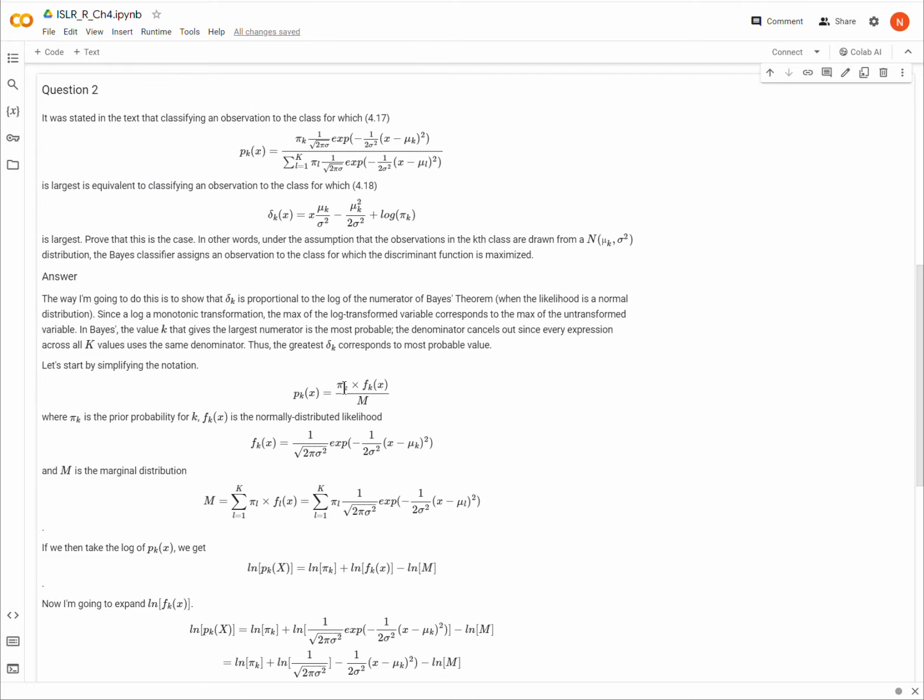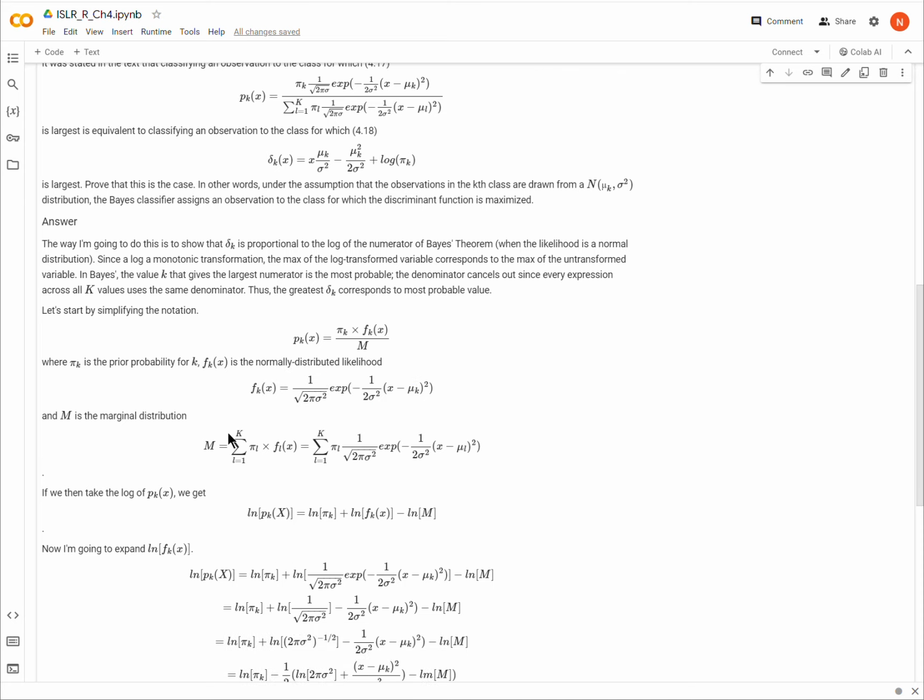I have the prior probability, and then all of this I'm calling fk of x, which is just our normal distribution formula. And the marginal, all of this stuff down here, I'm just calling capital M. M is the sum of the products of all of the priors with their corresponding likelihoods. So it looks like this.